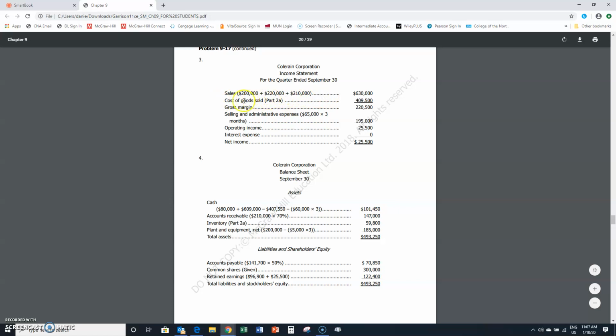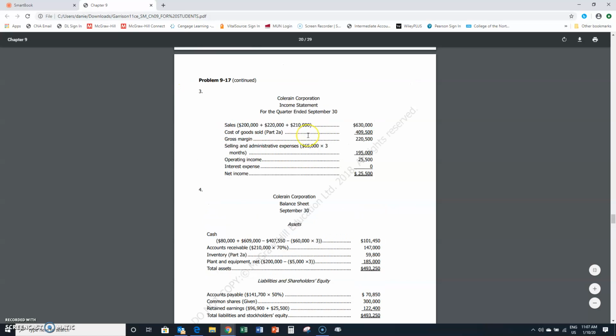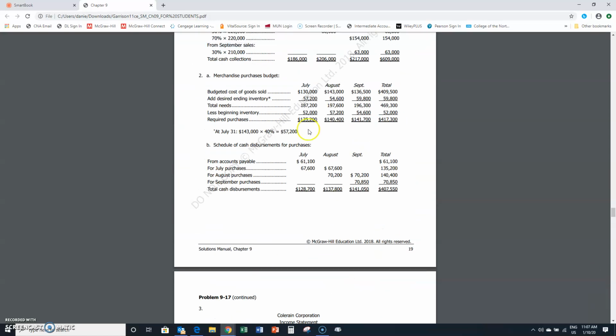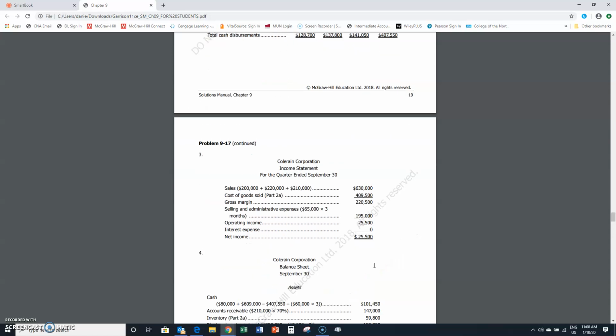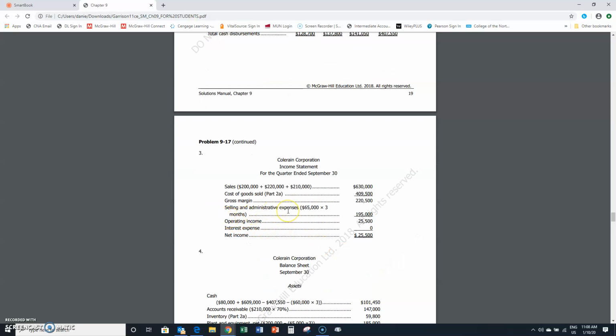So sales less cost of goods sold, and our cost of goods sold was worked out right here, budgeted cost of goods sold. So 130, 143, and 136 adds up to 409,500. Sales less cost of goods sold is your gross margin. Then we deduct selling and administrative expenses, and there's 65,000 times 3 months.